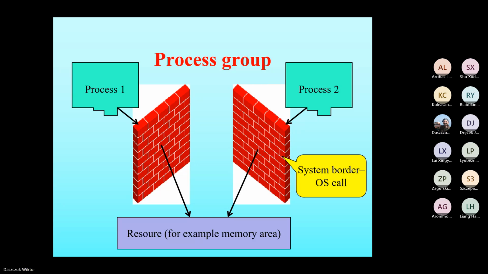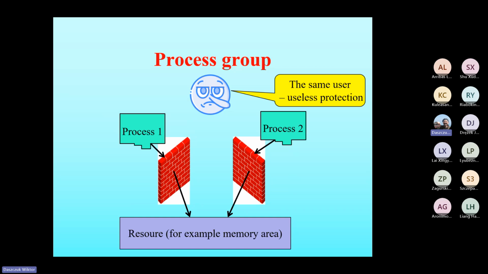However, not in cooperation with other programs, in which the barrier should be strong as before. That was the reason why the engineers invented process groups with some simplified barrier between processes.